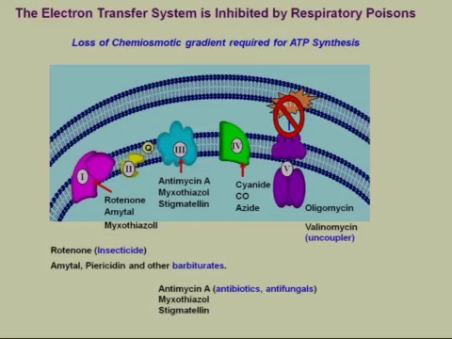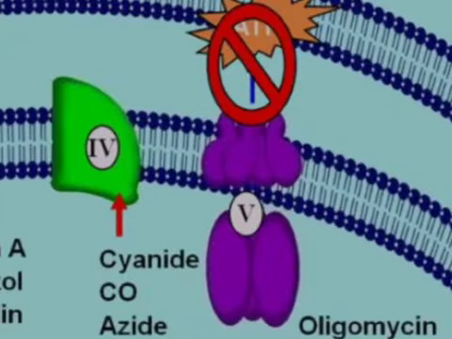And then you can have things like uncouplers that will cause protons to leak through the inner mitochondrial space without producing ATP. And just to zoom in, you remember we said that there are 2 subunits, an F0 and an F1 subunit for ATP synthase.